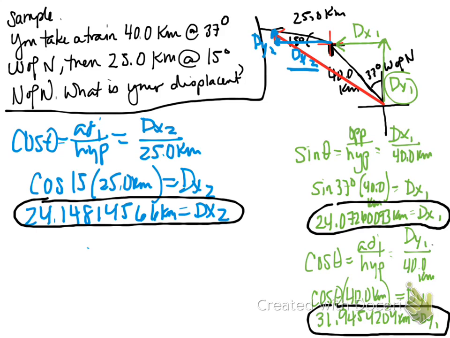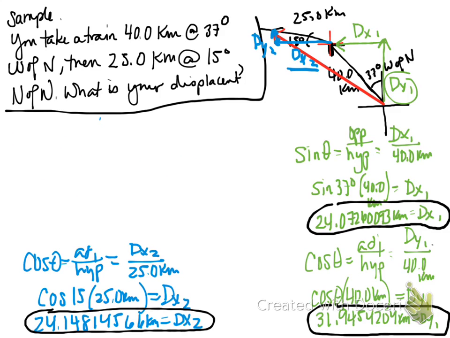I'm going to circle my intermediate answer. And then I'm going to move that down to make room. Okay, so we got our dx2. Now we need our dy2. So we know we're going to use sine because dy2 is the opposite of the angle. So we have sine of 15 degrees will be equal to dy2 over 25.0 kilometers.